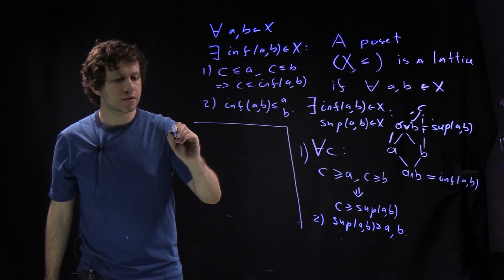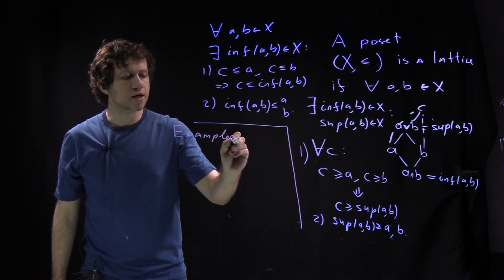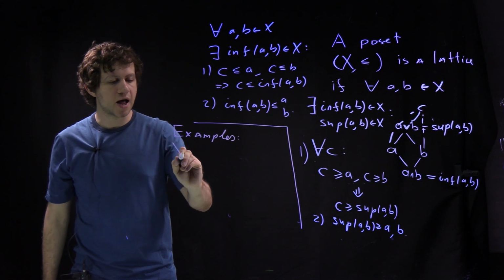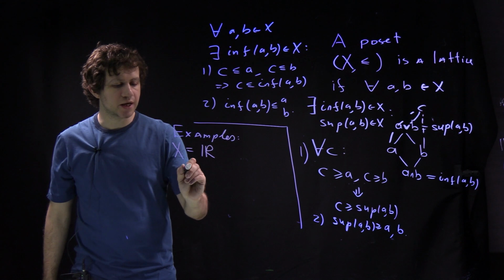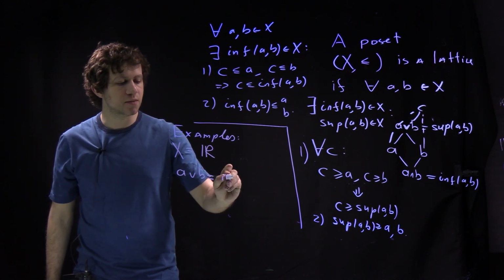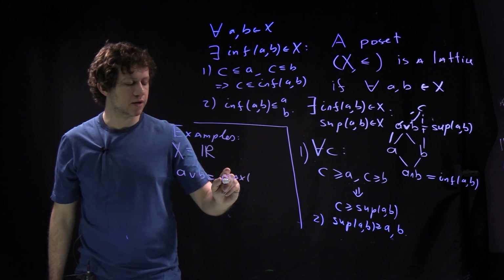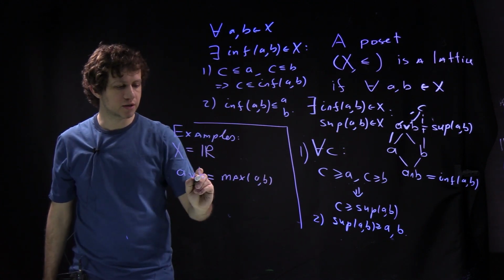So examples. And of course, if you take something like X being, let's say, real numbers, then if you take A and B, this will be just the maximum of two numbers. That's what I called supremum here, right?